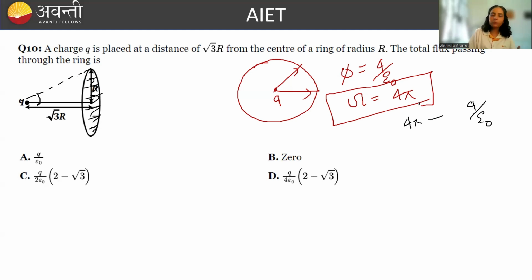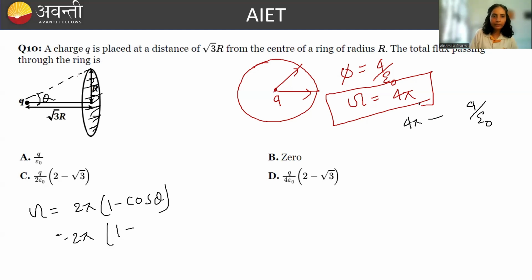So now, if somehow we are able to calculate how much solid angle is formed by this area of the ring, then we can calculate the flux through it. So let's find that out. The formula for that is 2 pi into 1 minus cos theta. This is the formula. Please remember it. So 2 pi, and what is theta here? Theta is this angle. So 1 minus cos theta.